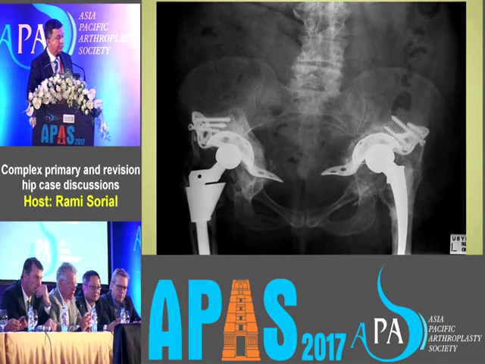The question is really, should we revise the femur? I have the tendency to do this, because it's easy to remove. The old Müller banana is quite short, so you can get out the cement from the top. So probably I would revise the femur as well.